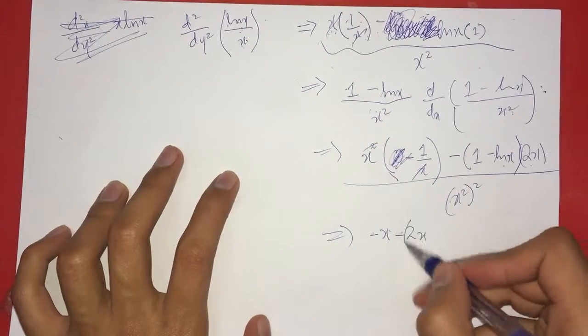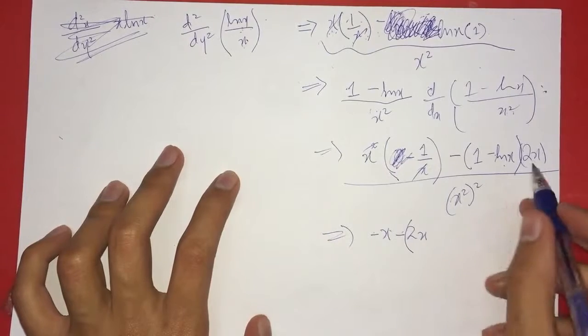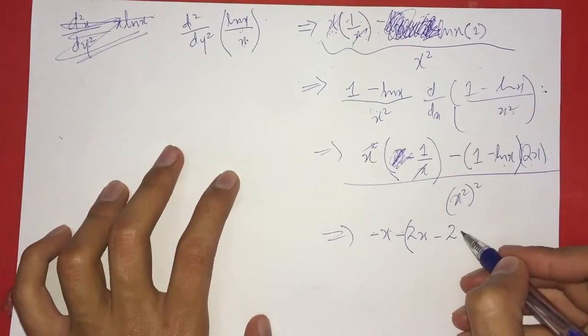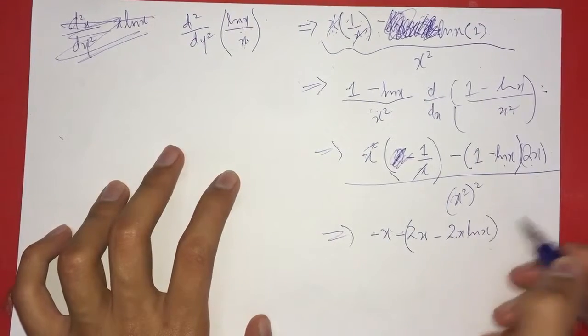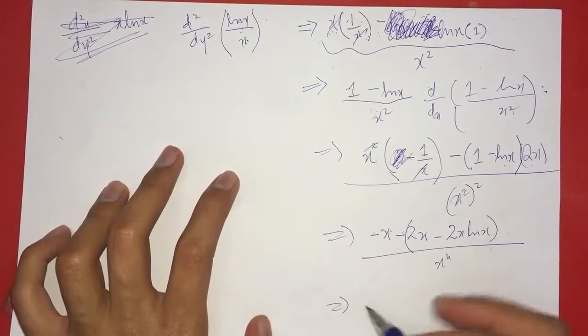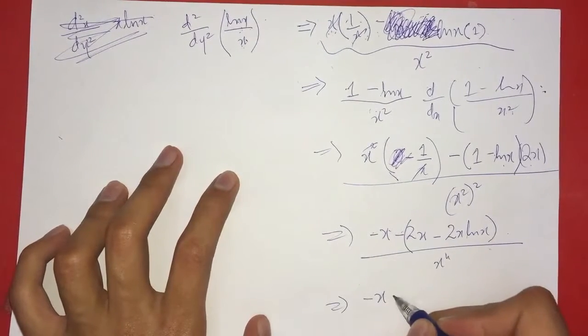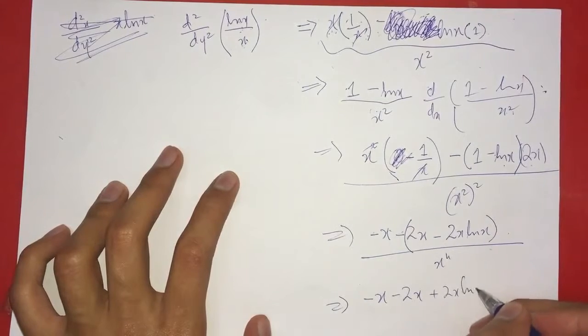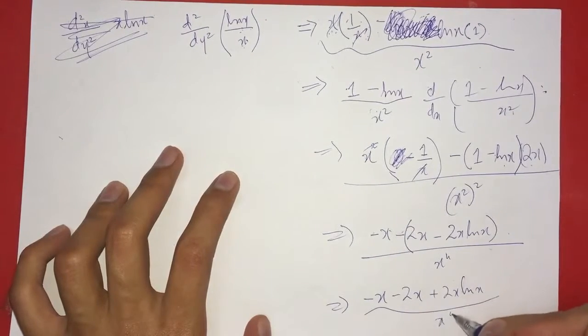So minus into 2x minus 2x log of x divided by x power 4, and this is equal to minus x minus 2x plus 2x log of x divided by x power 4.